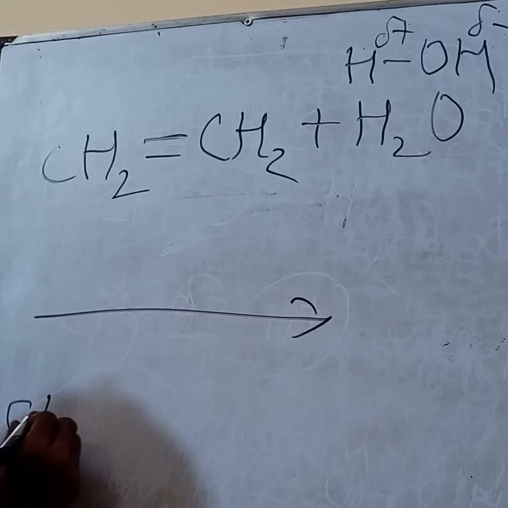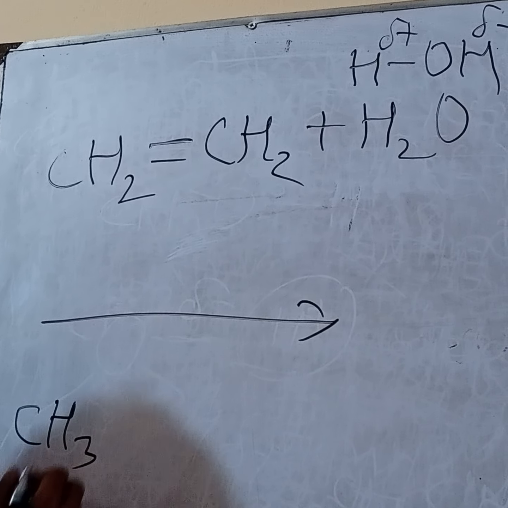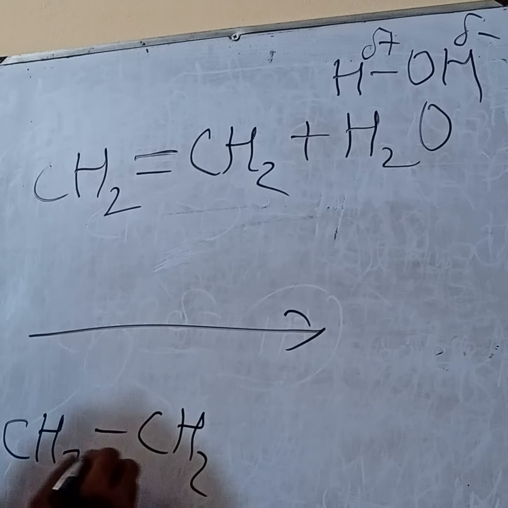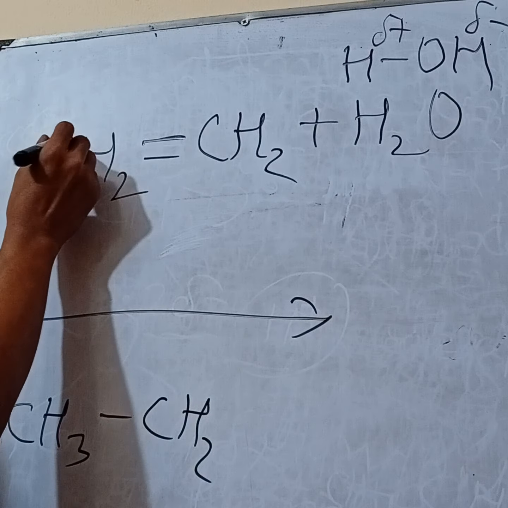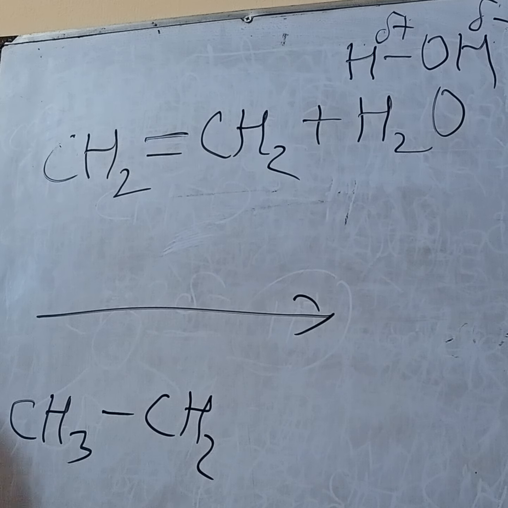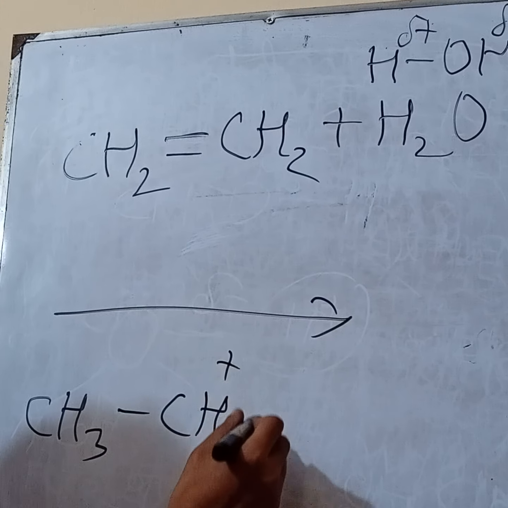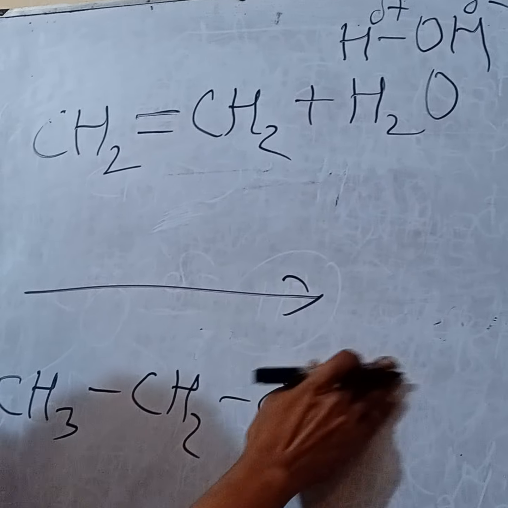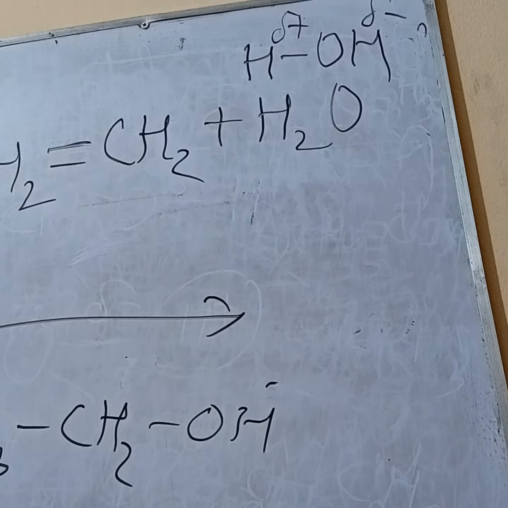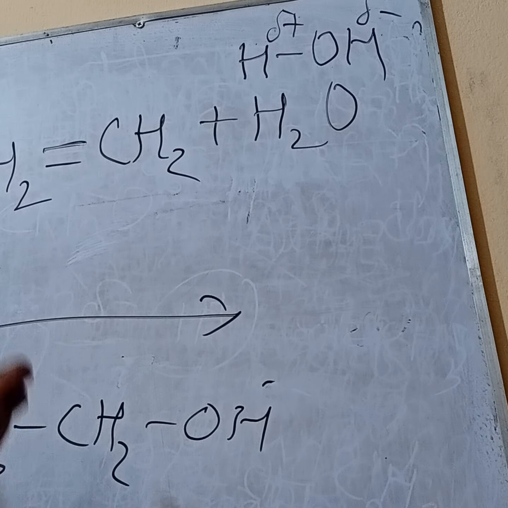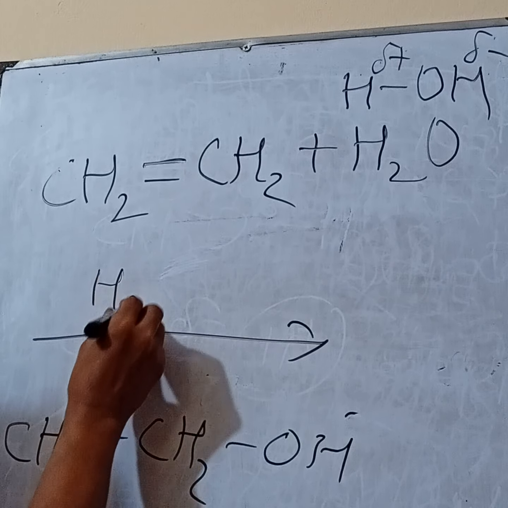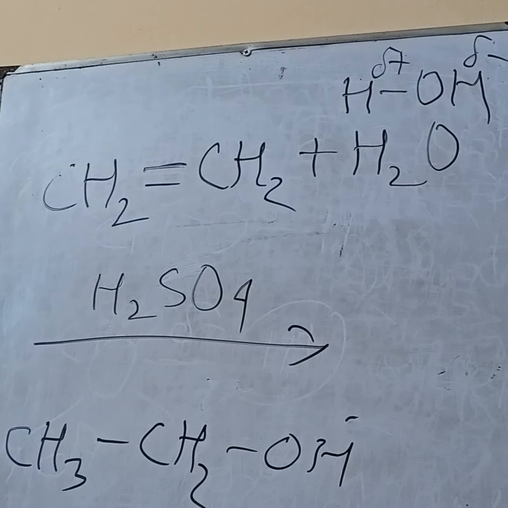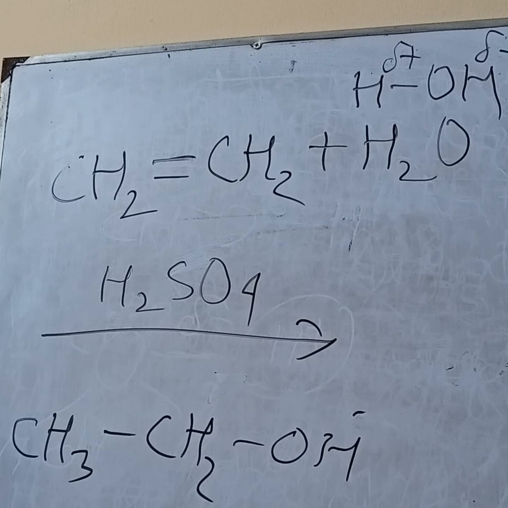Then CH3 bond CH2 plus, because 2 electrons here are gone, and OH minus. What happened? Ethanol is made. But for this reason, we need dilute sulfuric acid. This mechanism I have to explain another way.